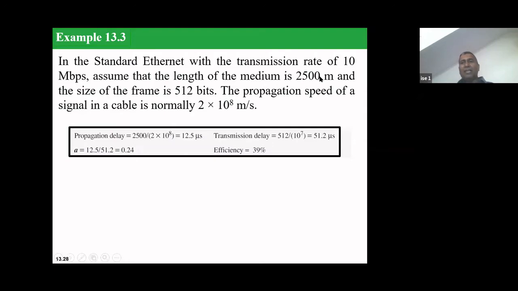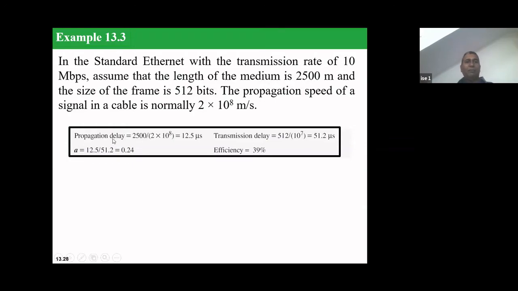Here, since it is given directly in meters, we need not convert. But if it is given as 8 kilometers, it has to be converted to meters, because the propagation speed is given as 2 into 10 to the power 8 meters per second. This value is in meters, so the length should always be in meters.